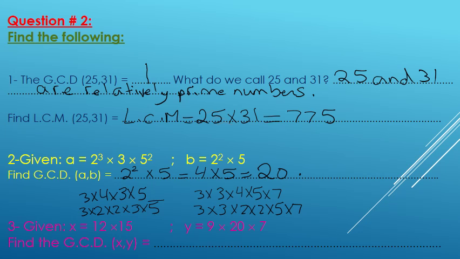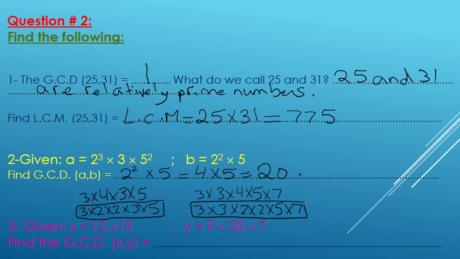Now, from these prime factors of the first number, x, and from these prime factors of the second number, y, we should choose the GCD. Can you, Selena, choose the GCD? First, we start with the smallest number, which is 2. In the first, we have 2 times.